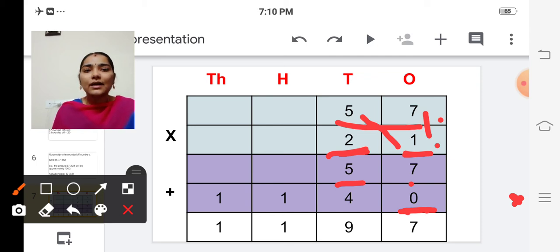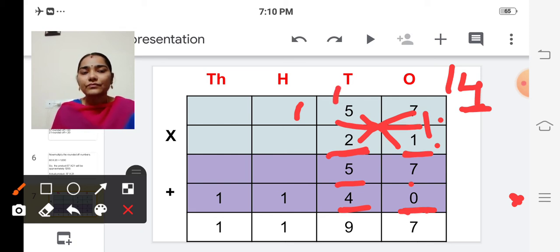Start from the right side. 2 into 7. 2 7s are 14. Write that 4 in the answer and carry over 1 to this place.